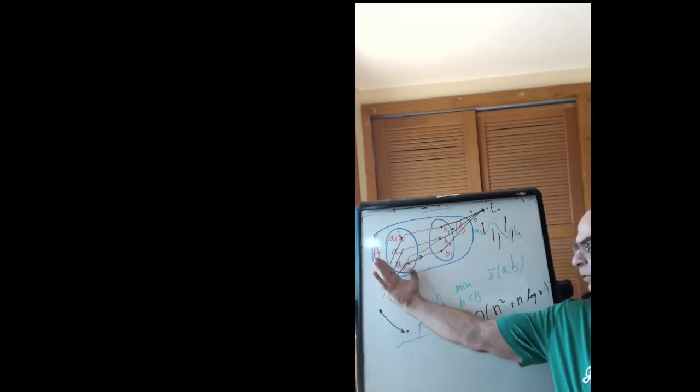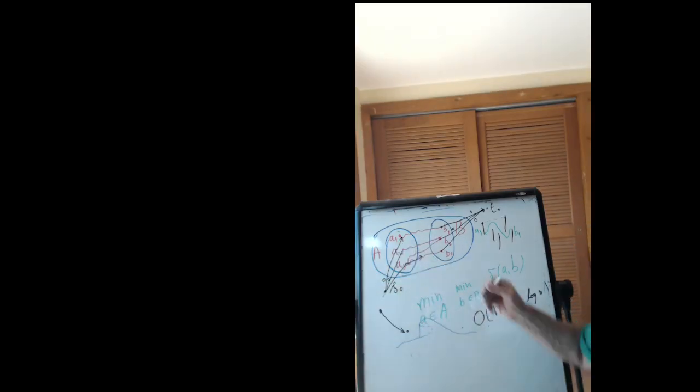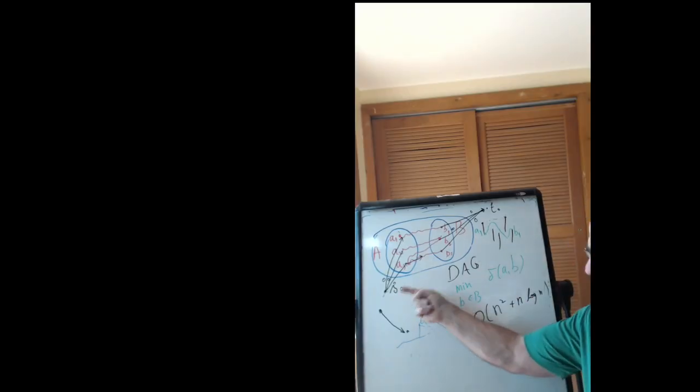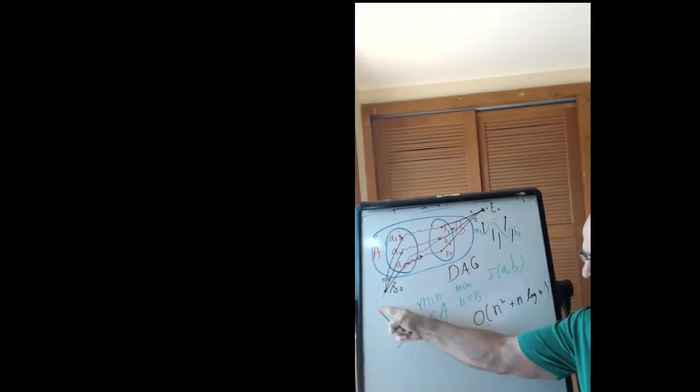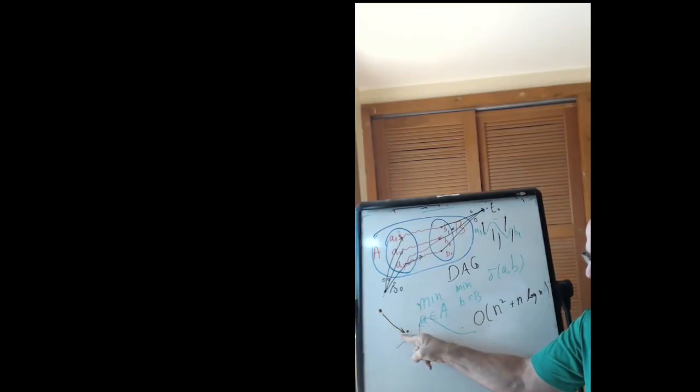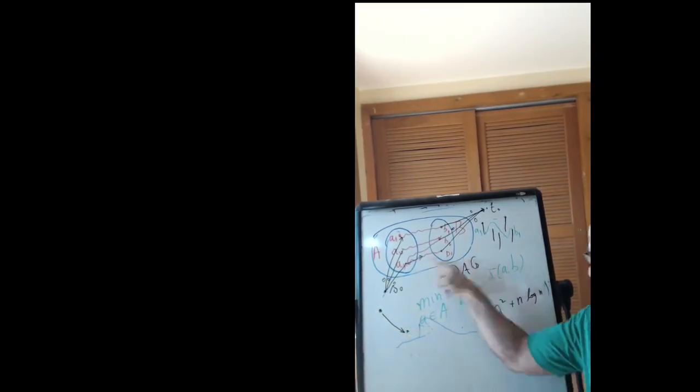Obviously it's becoming a graph. It's becoming a directed acyclic graph, a DAG, because it's directed, and obviously I cannot have a cycle, because a cycle means that I have to start from a point, go to the right, go to the right, go to the right, and come back to the same point that I started from.